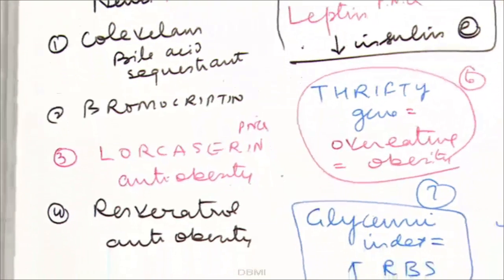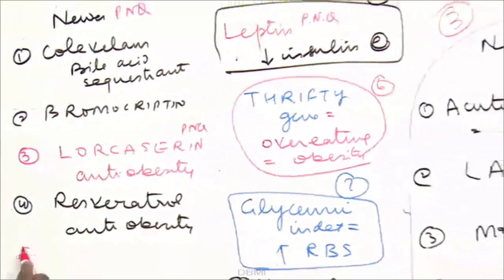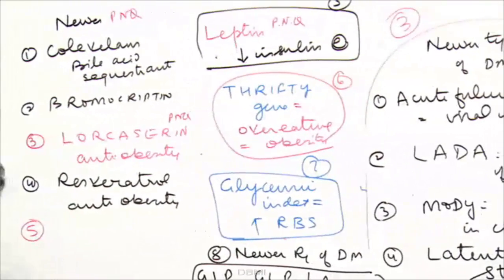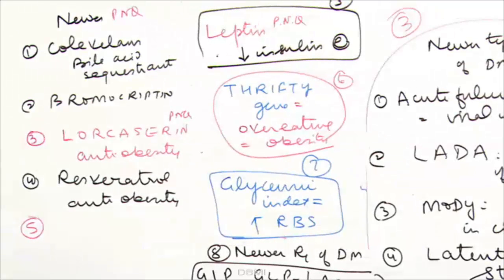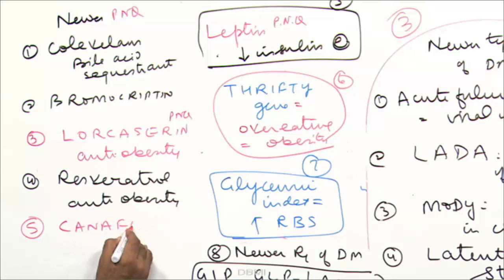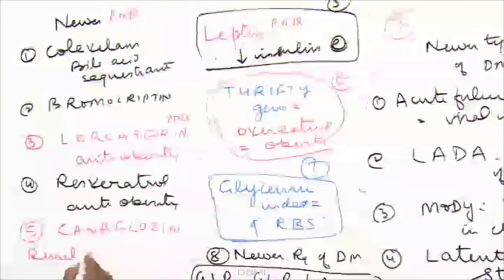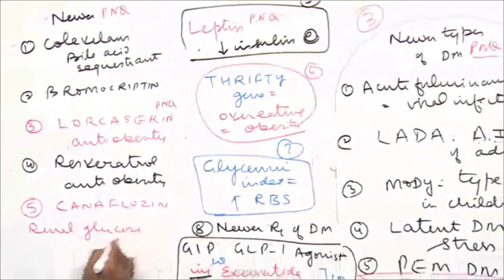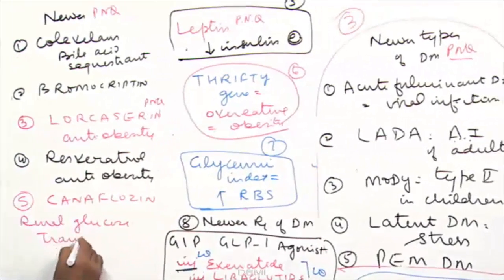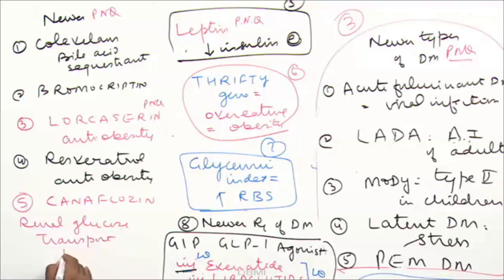Now one more drug which has been launched in the Indian market, but its name is not given in the latest Harrison also. That is canagliflozin. This is a renal glucose transport inhibitor.